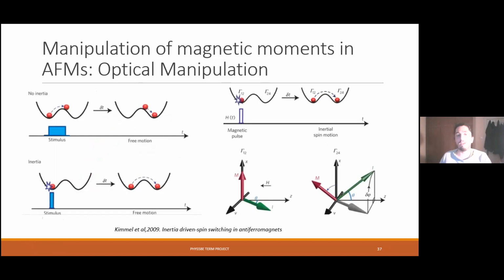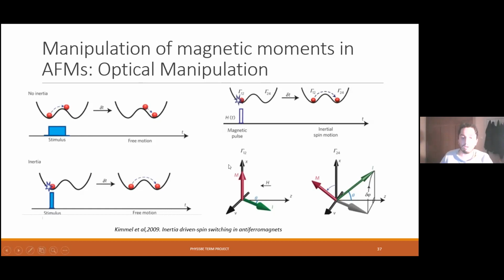Another way to manipulate the magnetic moments of the antiferromagnet is optical manipulation, given by the magnetic impulse by using a laser pulse. We are talking about the pulse. It's a magnetization-dependent pulse, and it's like passing by a potential well and giving the inertial motion as much as possible.